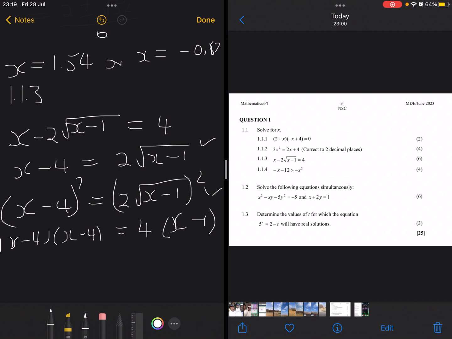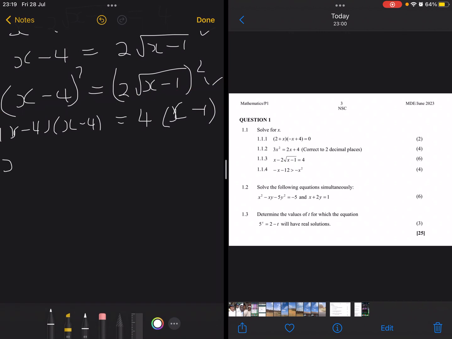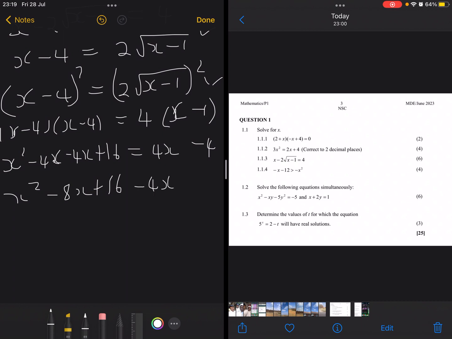And then this becomes x squared minus 4x plus 16 equals to 4x minus 4. And this becomes x squared minus 8x plus 16 minus 4x plus 4 equals to 0.